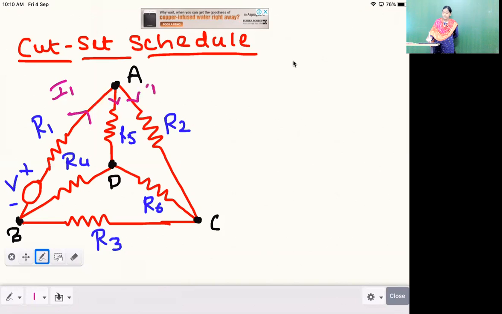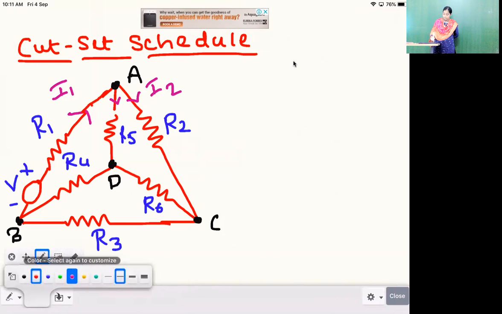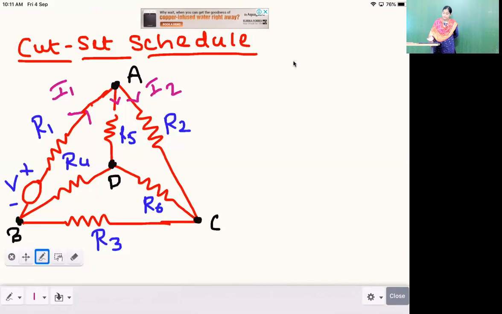Let us name the current flowing through R2 as I2 and the current flowing through R5 as I5.